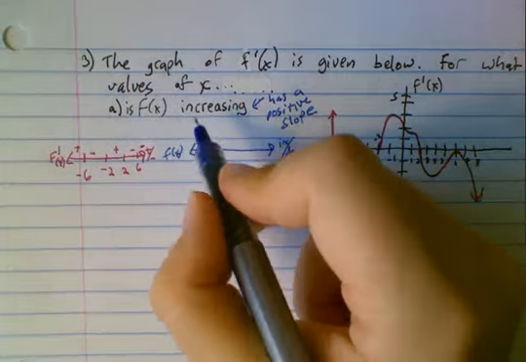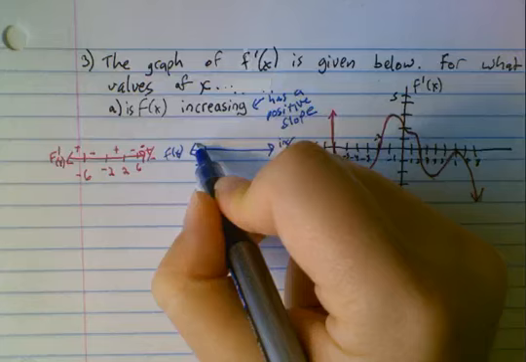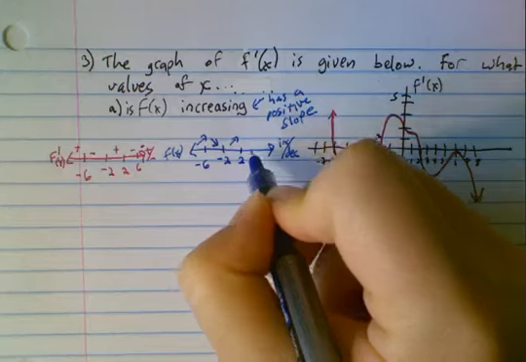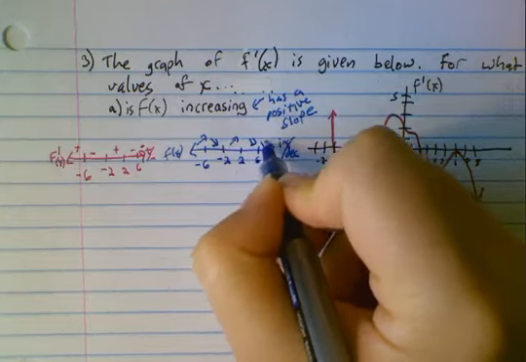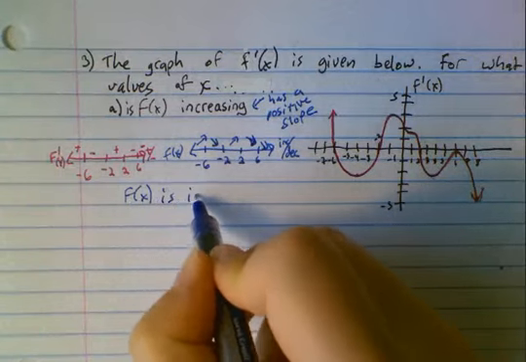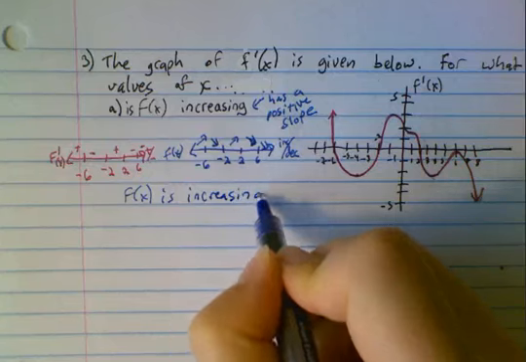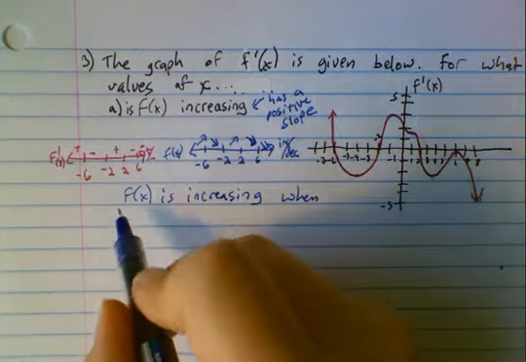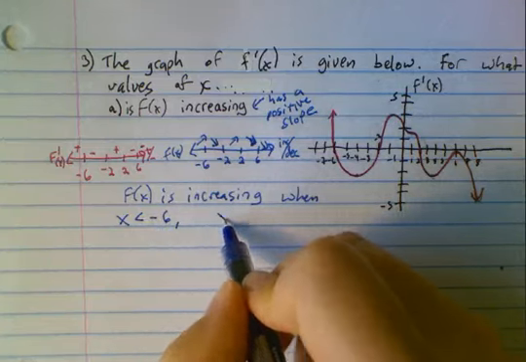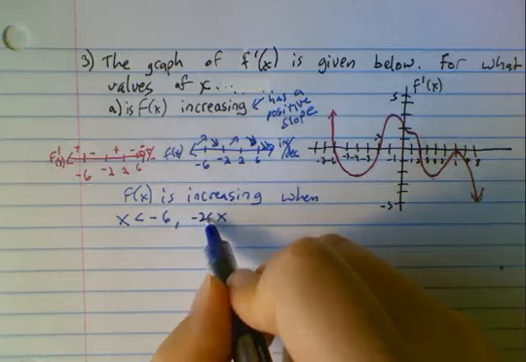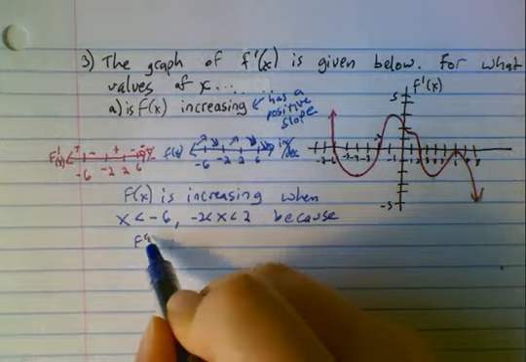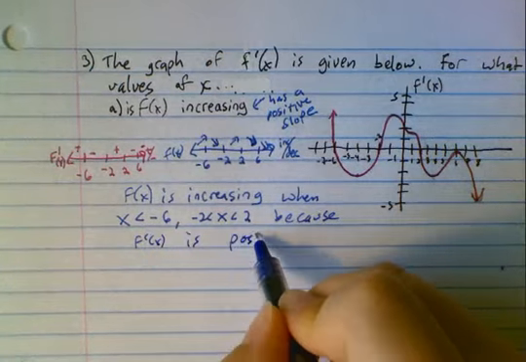So, translating that, that means increasing up until negative 6, followed by decreasing to negative 2, increasing to 2, decreasing to 6, decreasing after 6. f of x is increasing when x is less than negative 6, and when x is between negative 2 and 2, because f prime of x is positive.